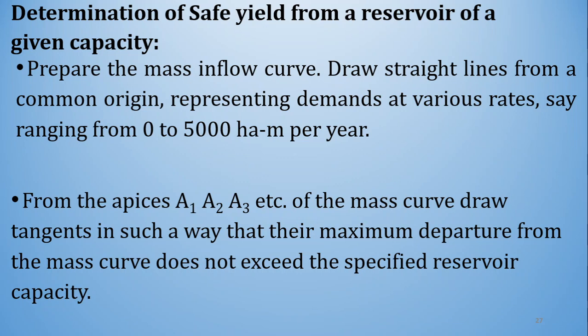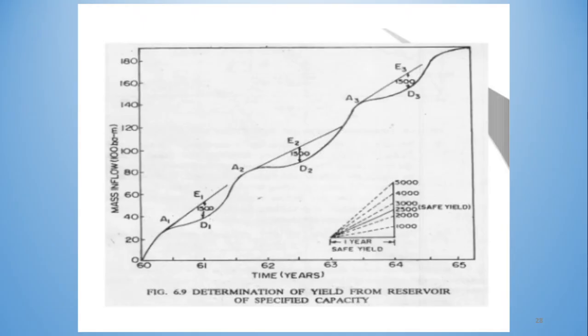Prepare the mass inflow curve for several years, and draw straight lines from a common origin representing the demands at various rates, say ranging from 0 to 5000 hectare-meter per year, like 1000 hectare meter, 2000 hectare meter, 2500 hectare meter. Likewise you have to draw these lines.